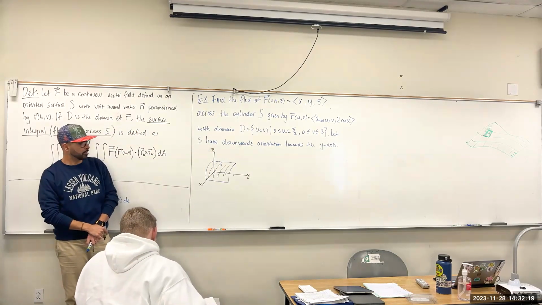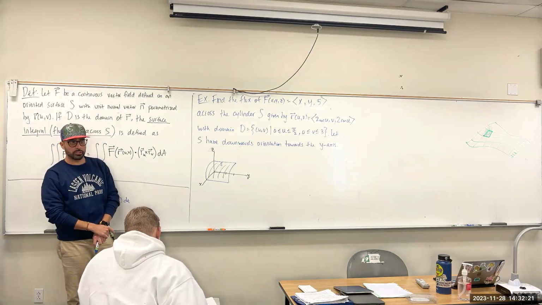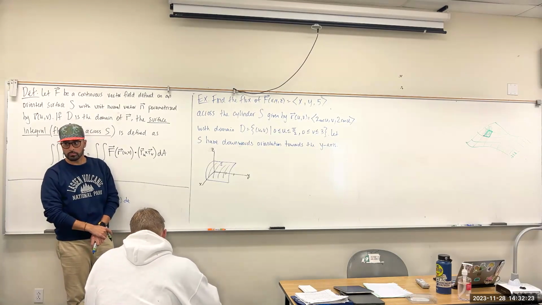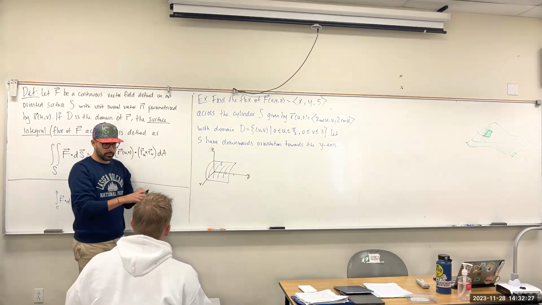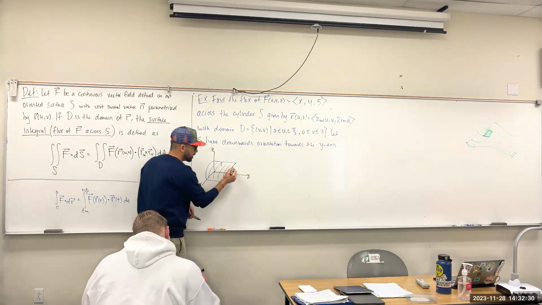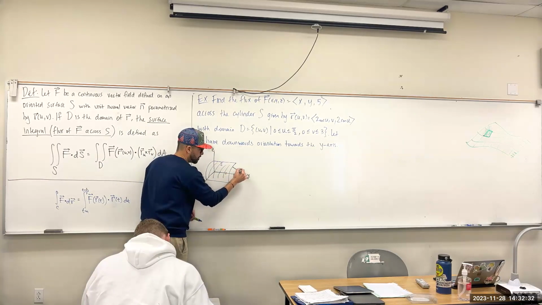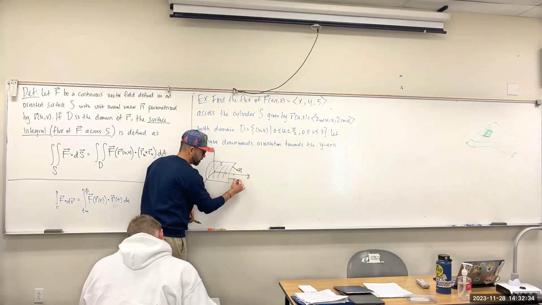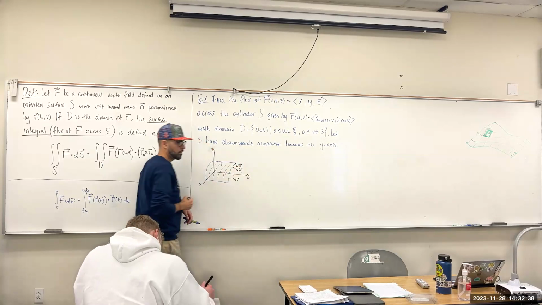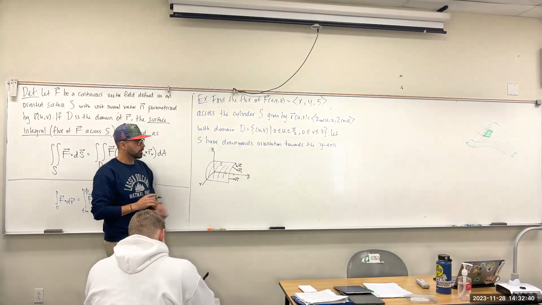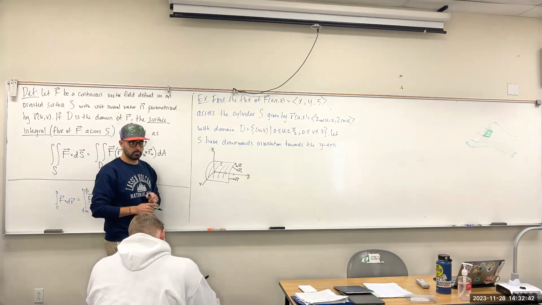Okay. But notice the orientation that they described to you. It goes like inwards, yeah, it's going towards the y-axis. So your normal vectors need to be pointing this way. Your unit normal vectors. That's that last part.